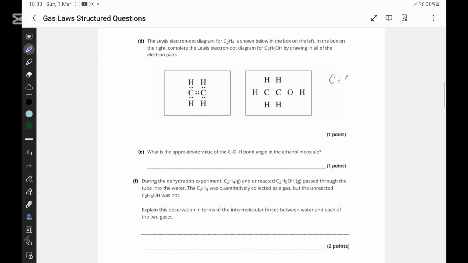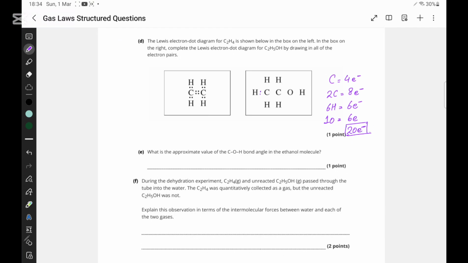In this question they are saying draw the dot and cross diagram for ethanol. Carbon has 4 valence electrons, and 2 carbons are going to have 8 electrons, while 6 hydrogens have 6 valence electrons, and then we have 1 oxygen which is going to have 6 electrons. So total becomes 20 electrons.